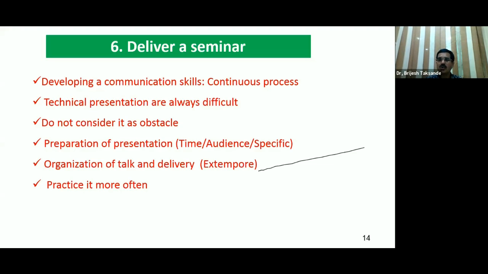And do not read the things on the slides. Try to give it in an explainable manner, right? So do not try to read out the things. Practice it more often. Ultimately you will have good communication after finalization of your PG program.